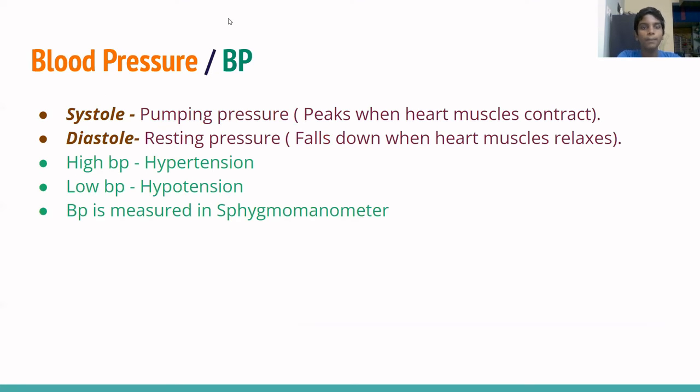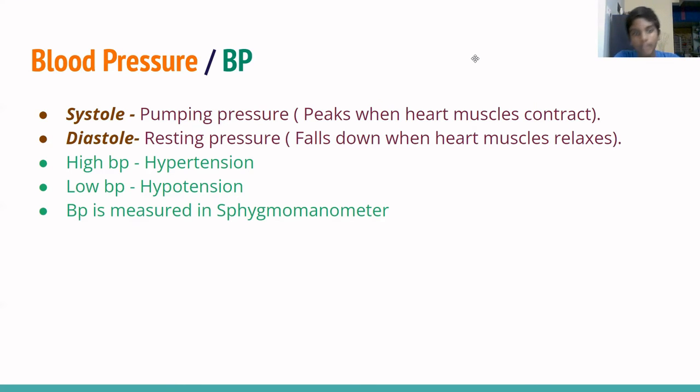Blood pressure, or BP in short. So there are two blood pressures, as you can see. One is systole, which is the pumping pressure, and it peaks when the heart muscles contract. So when the heart muscles contract like this, then the pressure peaks.